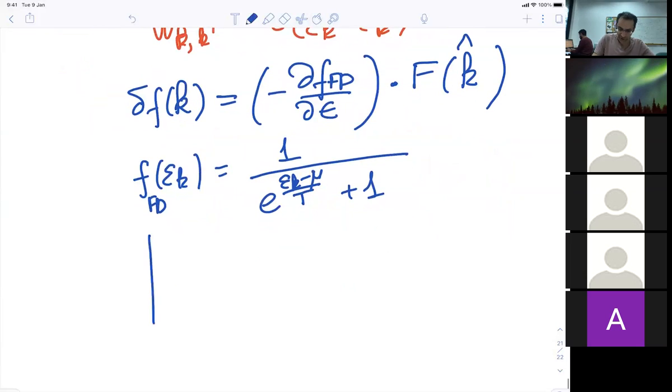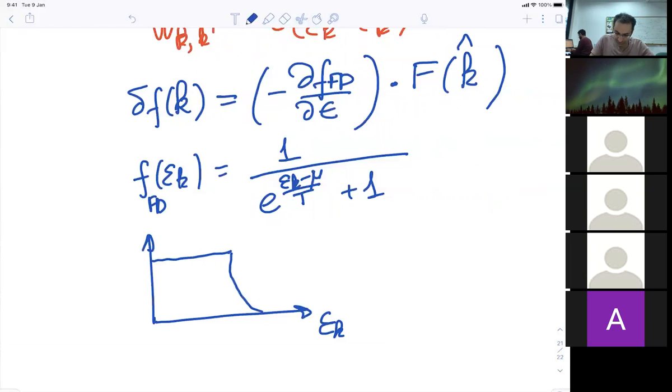So this is a function that depends only on the energy and has the following structure. It's 1, then it goes to 0. There's a position of a chemical potential, and there is a strip of the width temperature where this function is not equal to 0 or 1.